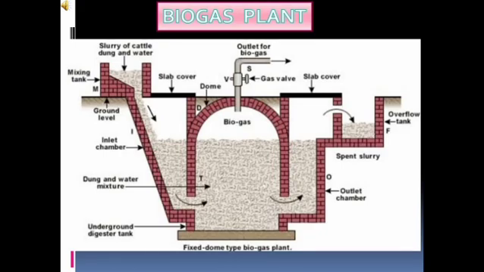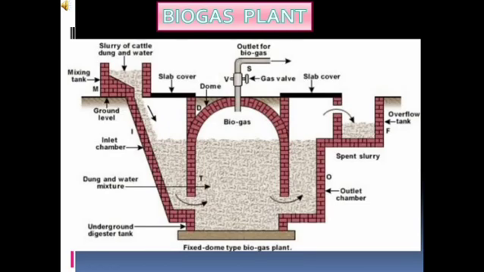Now biogas starts collecting in the dome. As more and more biogas collects in the dome, it exerts a pressure on the slurry, due to which the slurry goes towards the overflow tank F that is present on the right side.